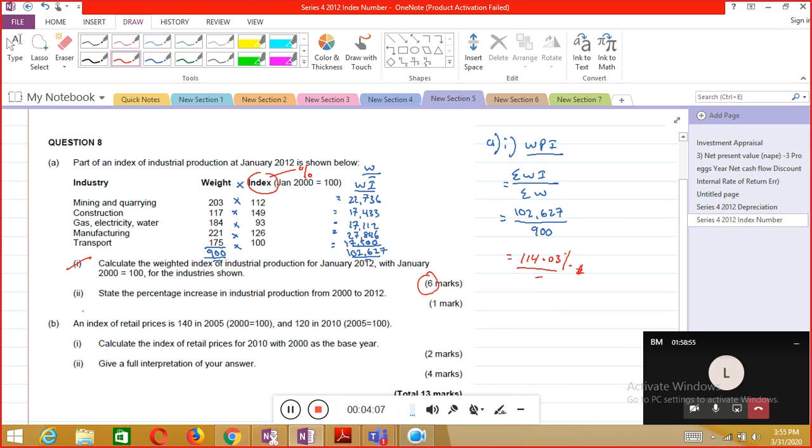Now number 2, state the percentage increase in industrial production from 2000 to 2012. So basically your part 2 is a comment.